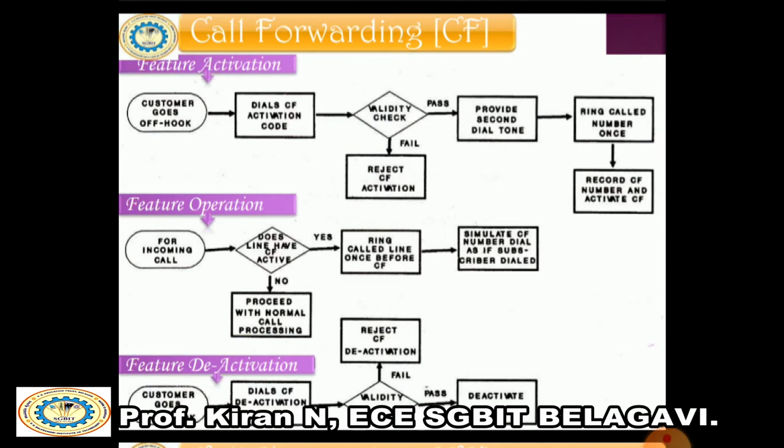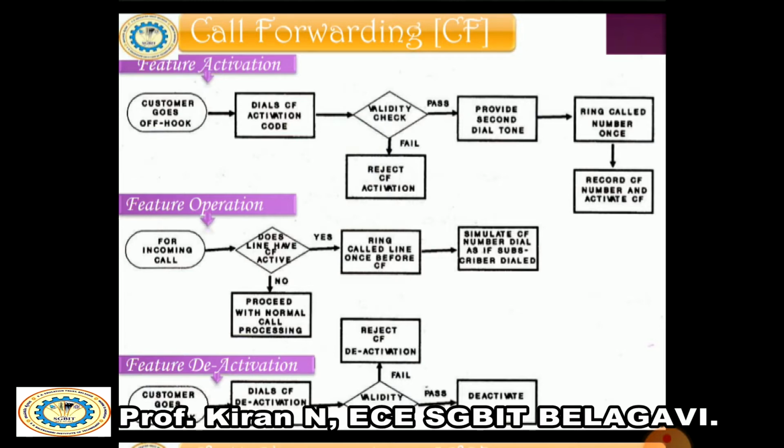Now, once the activation code is dialed, the system software checks its validity, that is, whether the called number exists or not. If the called number does not exist, then it gives the information of rejected call forwarding activation.